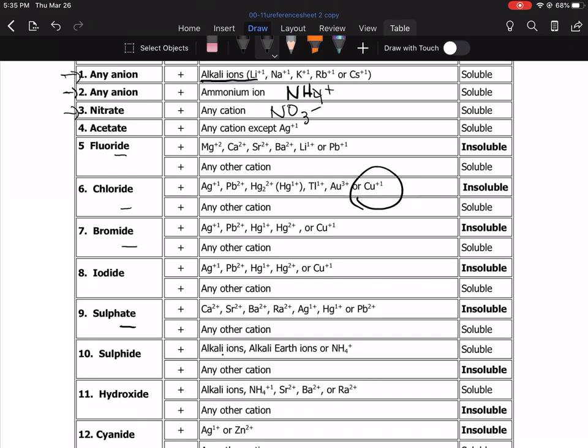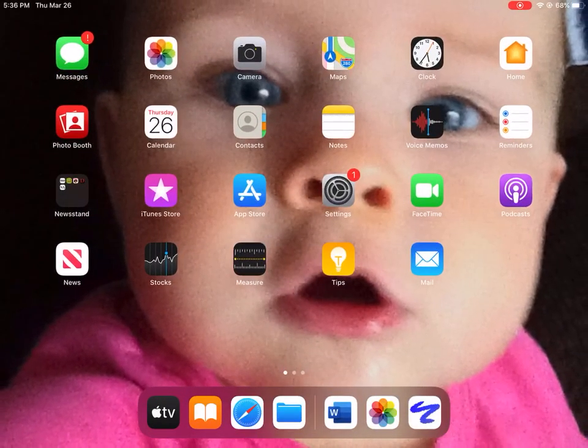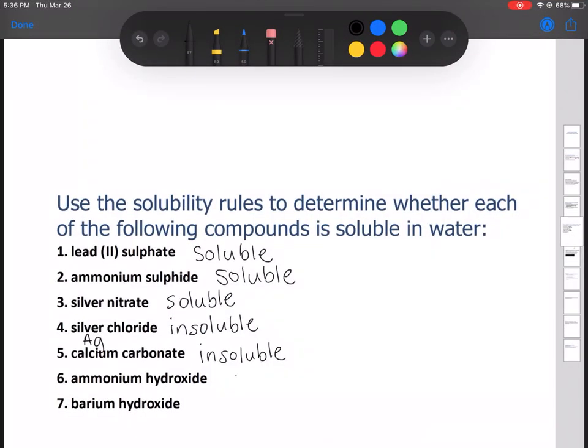For the next one, you could either look at ammonium's row, which is number 2 here, or you could go to hydroxide, which is number 11 here. So hydroxide plus ammonium, there it is, soluble. Whereas hydroxide and barium is also soluble.